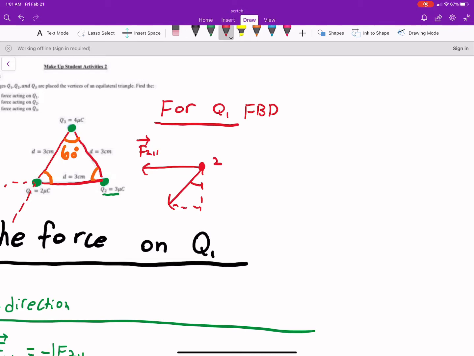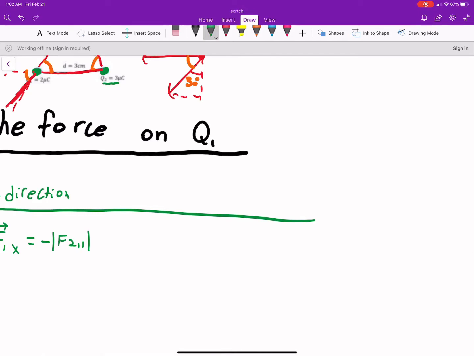Well, if we were to put this free body diagram here, I think we would see that this angle is opposite this angle. So if this is 60 degrees, and we know all of this is 90 degrees, this angle inside must be 30 degrees.